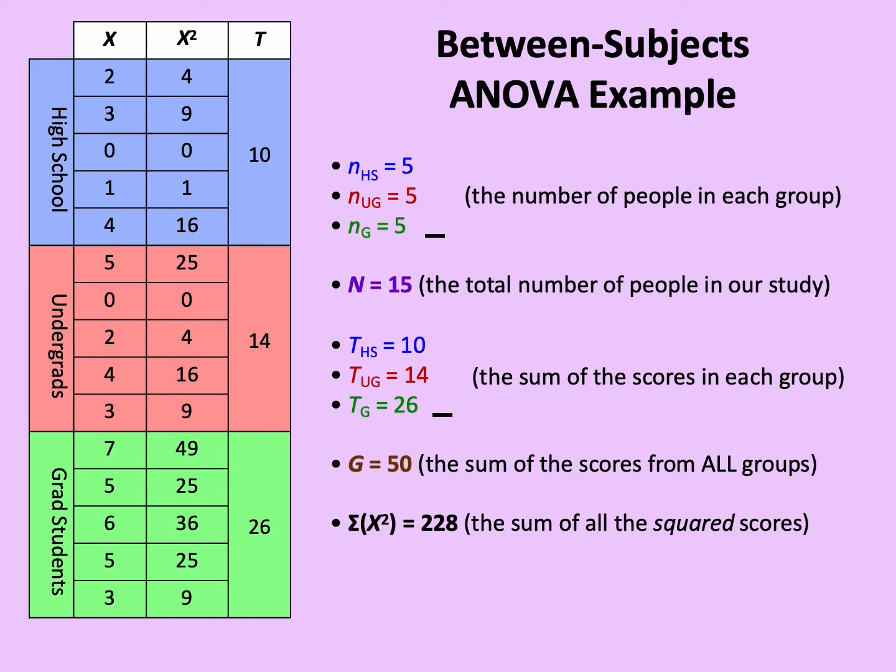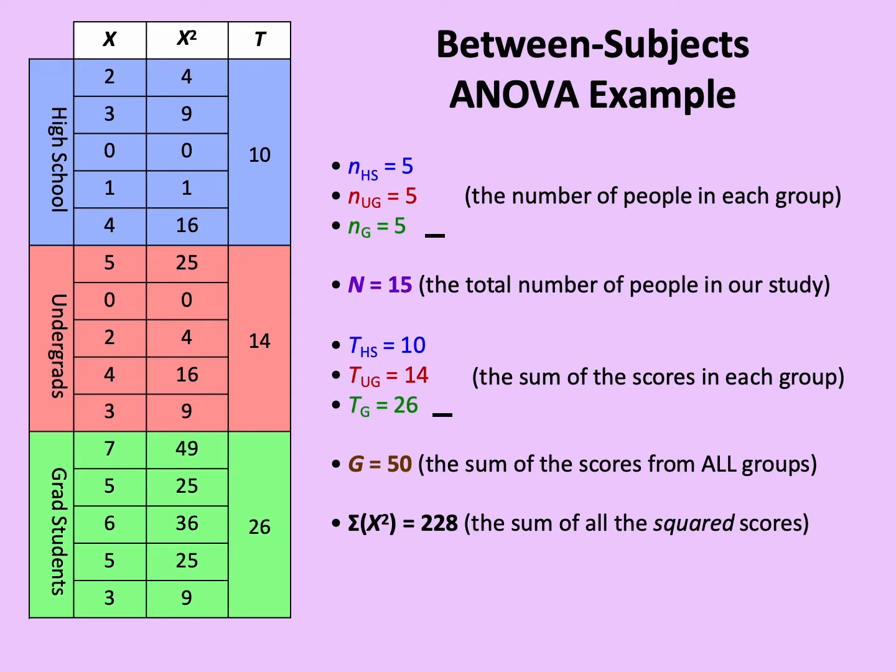So again, for high school, X is 2, we square that and get 4. X is 3, we square that and get 9. 0 is 0, 1 is 1, and 4 is 16. And then to calculate T, we just add up all those values of X. We have 2 plus 3 is 5, plus 0 is 5, plus 1 is 6, plus 4 is 10.